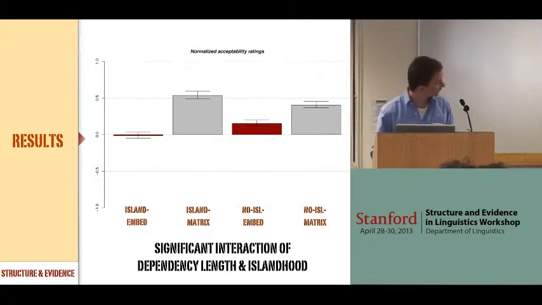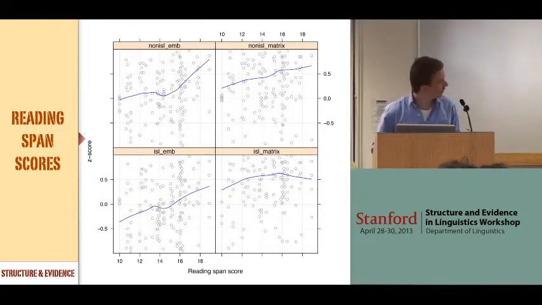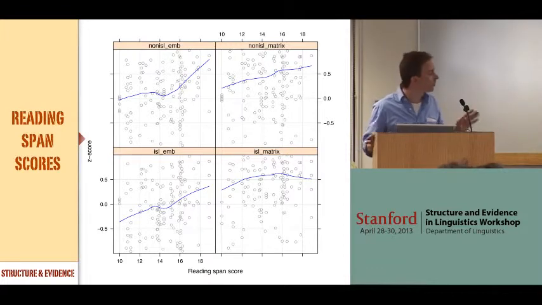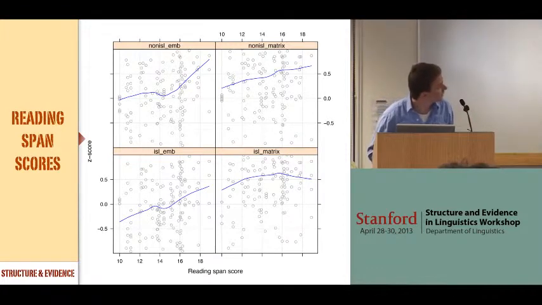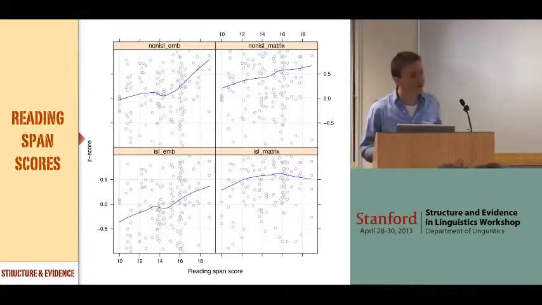Right? So now the key thing here is about how these judgments relate to the reading span scores for the individuals. And what I've plotted here is for each condition in the experiment, I've put a reading span score on the x-axis and the acceptability z-score on the y-axis. So what you basically see is that in all 4 conditions, more or less, except for the easiest one, according to the ratings, there's an upward positive relationship, right?